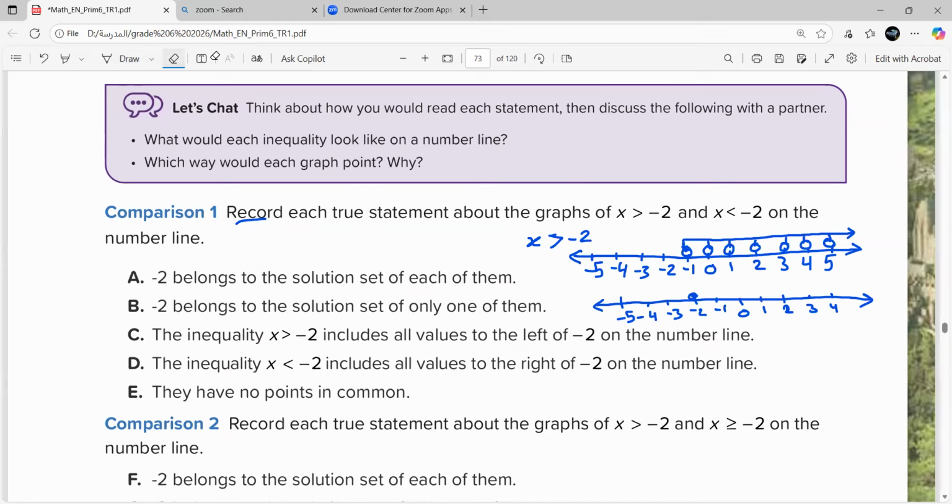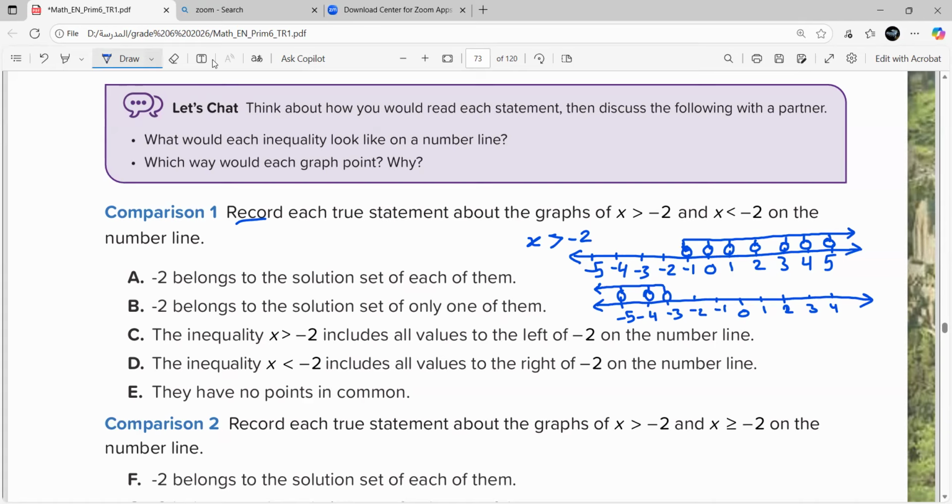It will start from what? X smaller than -2, so it will be from -3, -4, -5, and so on. And the arrowhead is to the left side because it is x smaller than -2.